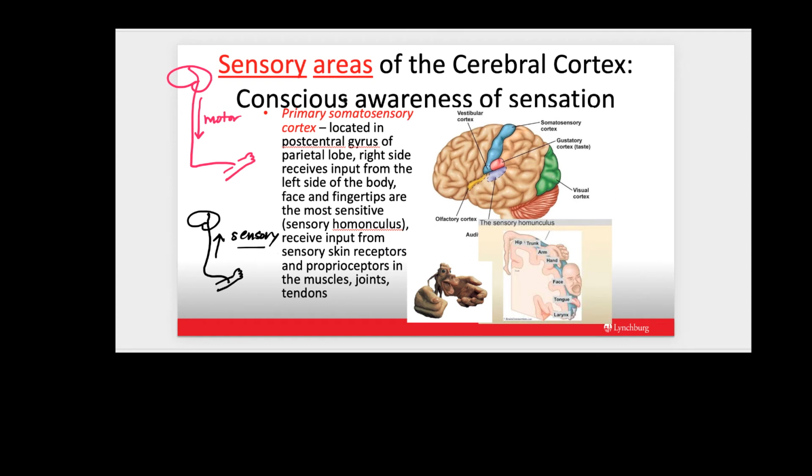Primary somatosensory cortex, and soma means body, so this is going to be sensation of the body, is located in the postcentral gyrus in the parietal lobe of the brain. If you look here on the drawing, here's my central sulcus. The gyrus that's just posterior to that is going to be my post-central gyrus.